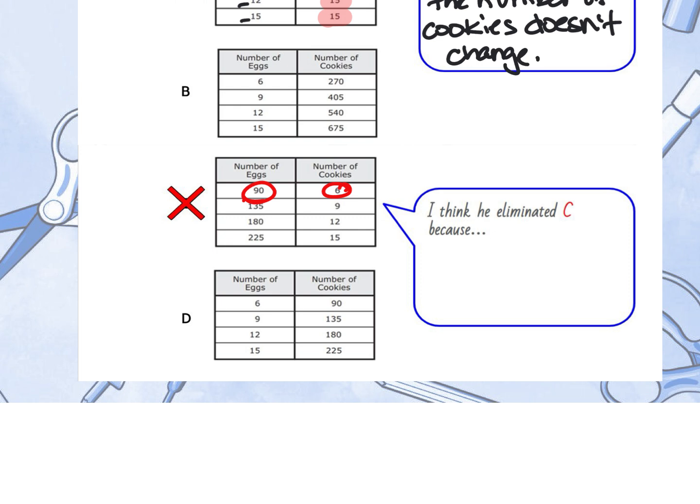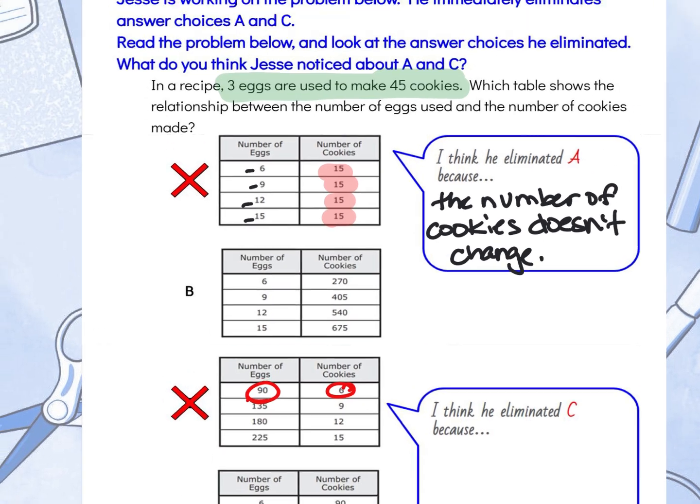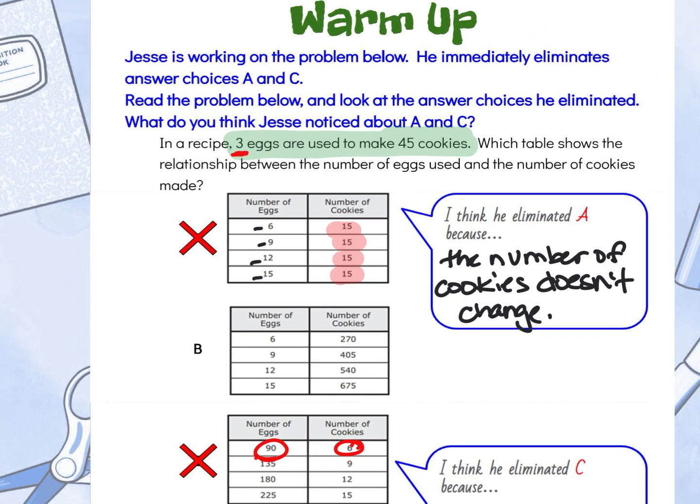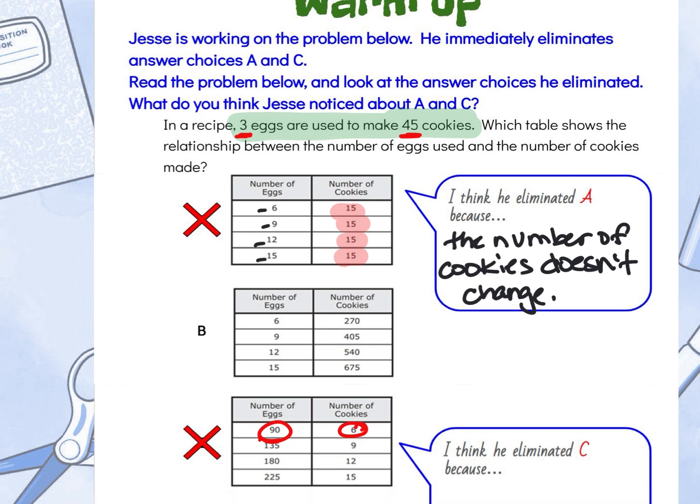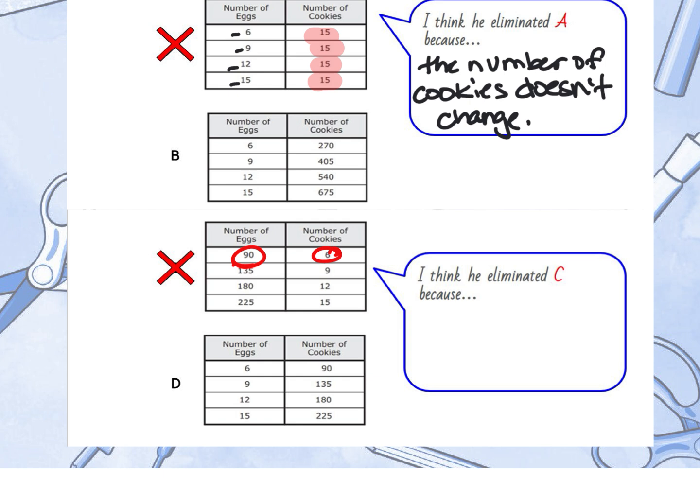So 90 eggs to only make 6 cookies, there's just no way. Like, that's not correct. In our original ratio, 3 eggs are used to make 45 cookies. So the number of cookies should be way more than the number of eggs, right? So that means that this cannot possibly be the correct table.